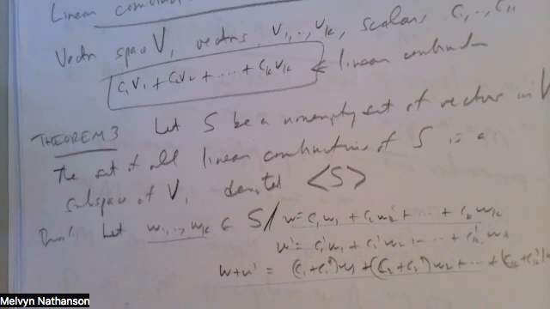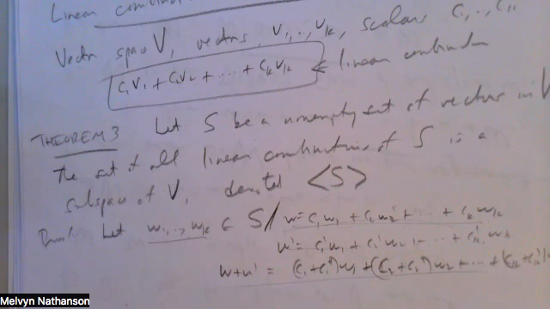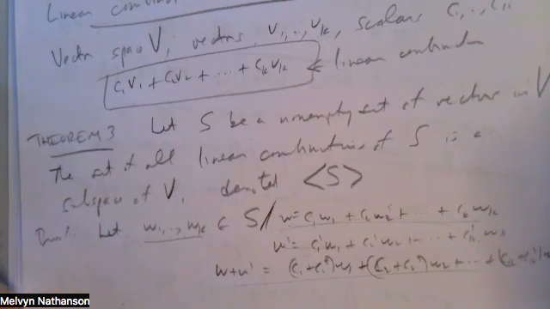So the set of linear combinations is closed under vector addition. If I choose all the c's to be 0, I get the 0 vector in here. And if I take this vector and multiply it by c, I just multiply every scalar by c. So if you think about this a bit, you see the set of all linear combinations of a set of vectors is a subspace. That's the theorem we needed to prove.